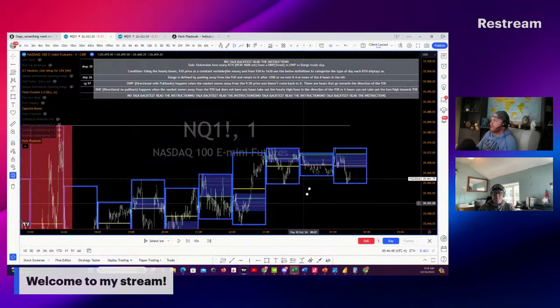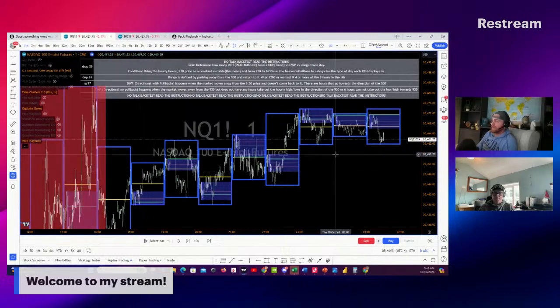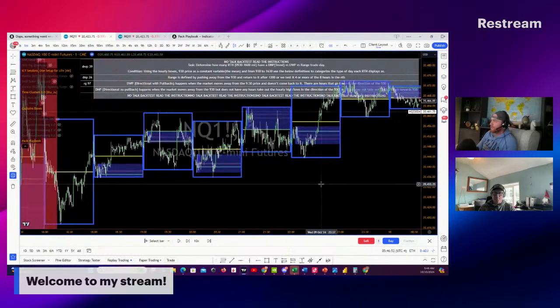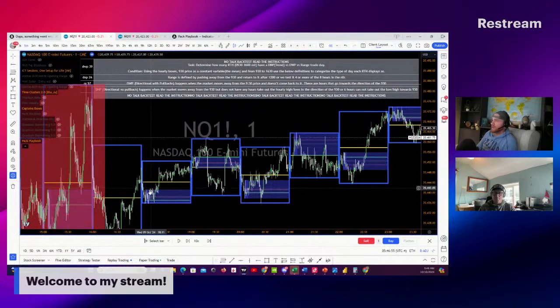Because these ranges happen a lot, right? So I find different strategies that can trade ranges, and I have different strategies that can trade trend.